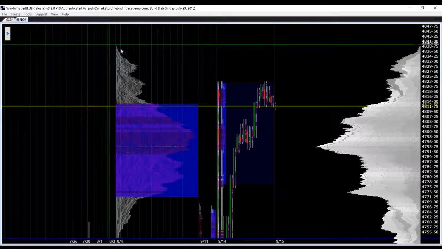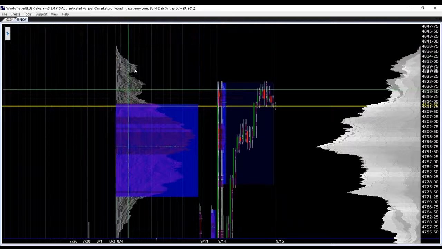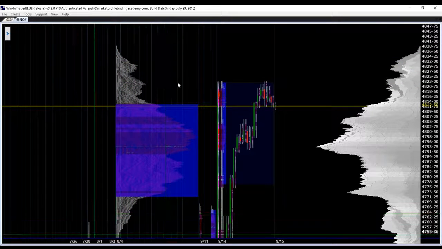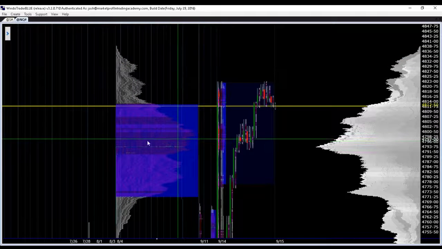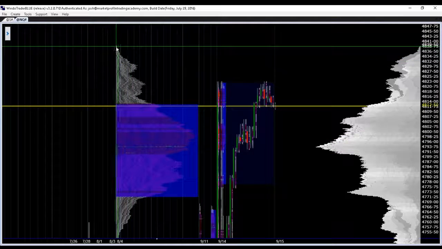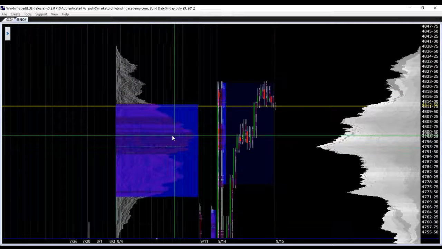So in some sense, this is an area of resistance based on where we've been, and it's just a different type of resistance than a zone like this. It's more likely we get a swift rejection up here than in an area like this.